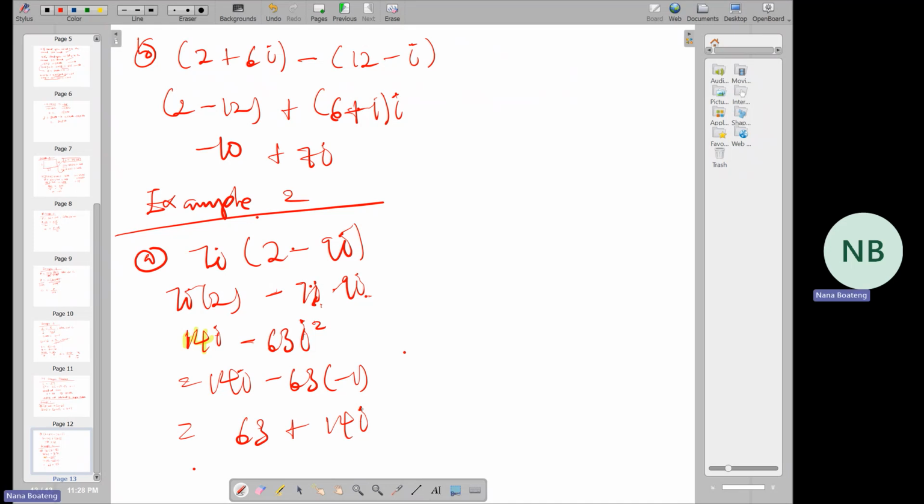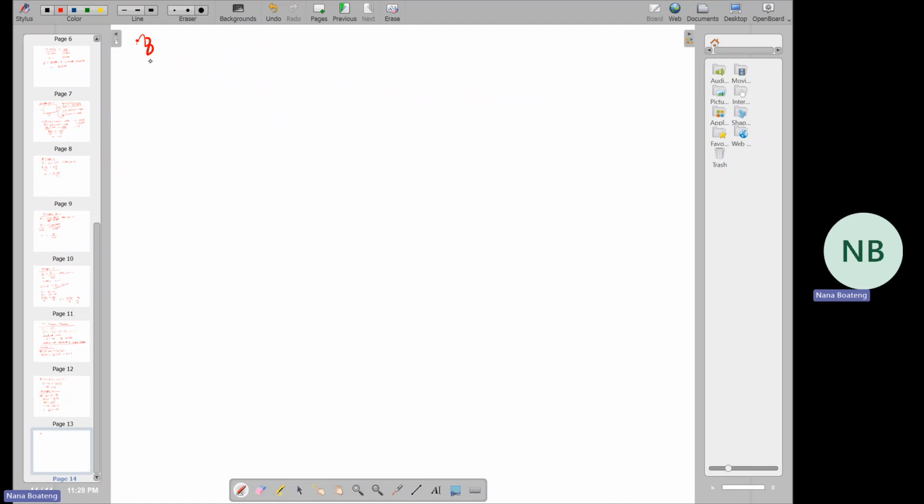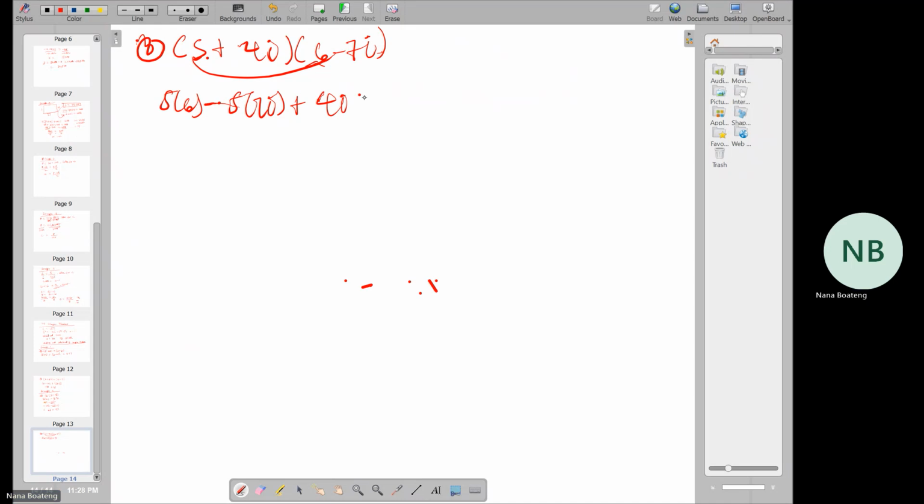All right, so let's look at some additional examples. So suppose we have 5 plus 4i times 6 minus 7i. All right, so 5 times 6, minus 5 times 7i, plus 4i times 6, and minus 4i times 7i.